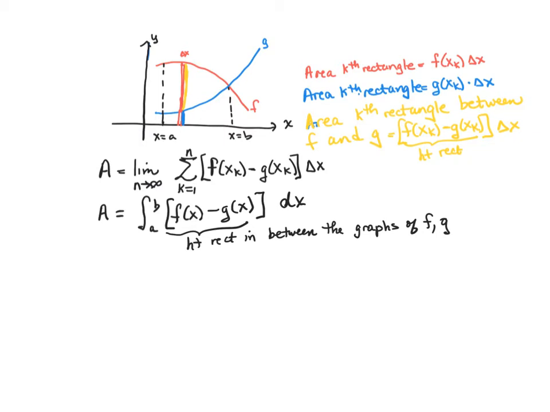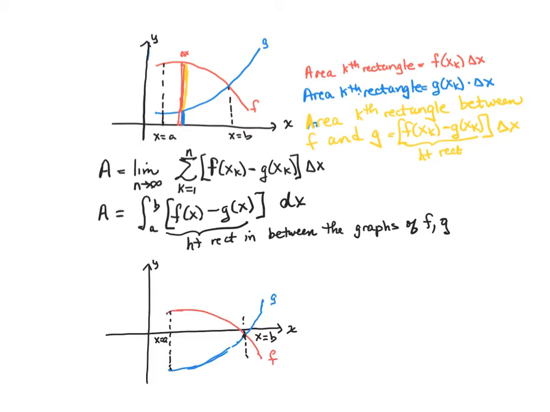But what happens if we shift the region between two curves into another quadrant, like as follows? Suppose I take the region f and g and move it down a little. Like I have in this diagram, I moved it down a little bit.